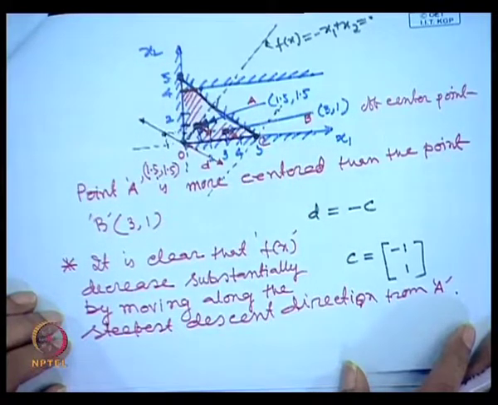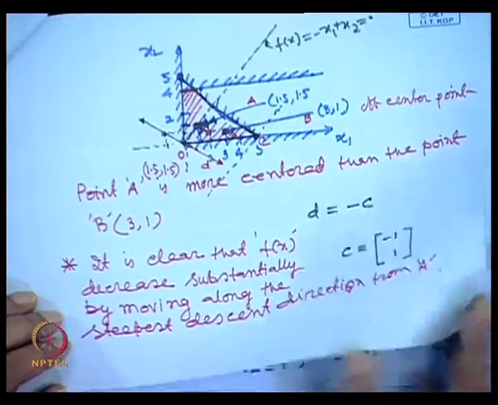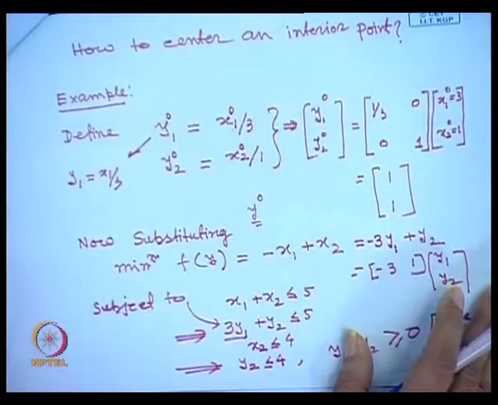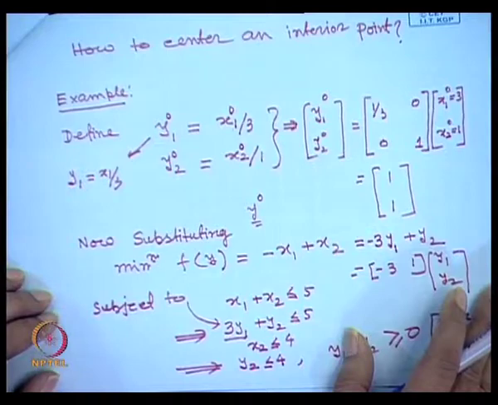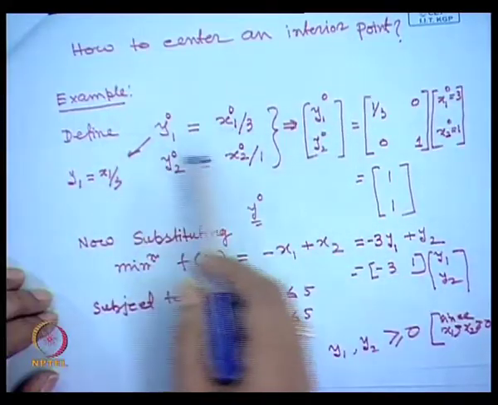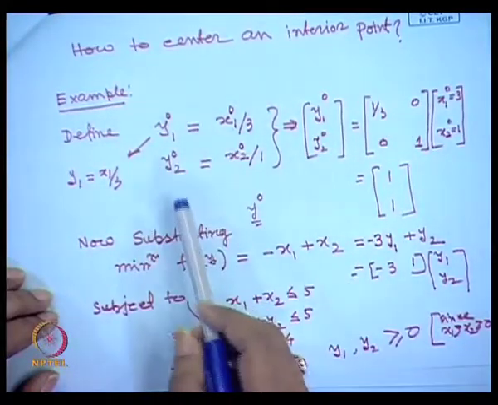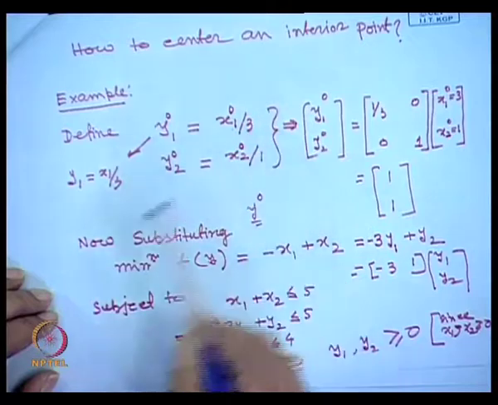To avoid that, we made one simple transformation. That transformation is called an affine transformation, meaning a linear transformation, so that in the transformed coordinate system, the coordinates are equidistant from the coordinate axes. We have shown how to select that transformation matrix.